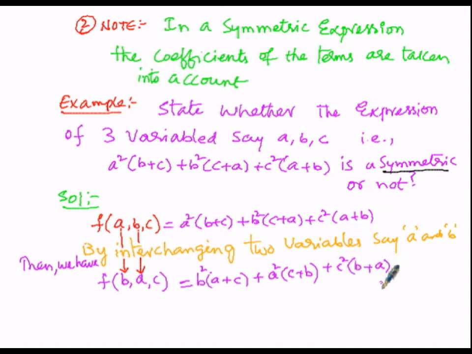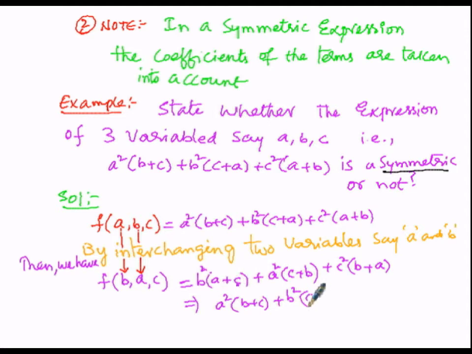So, that implies, first of all I want to write the second term: a square into c plus b can be written as b plus c. After that I want to write the first term, b square into a plus c as c plus a.